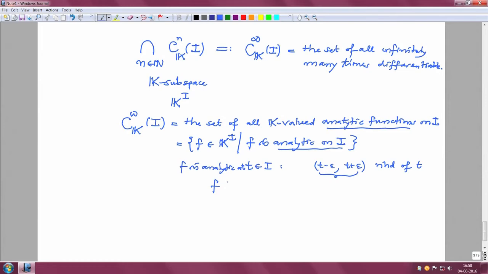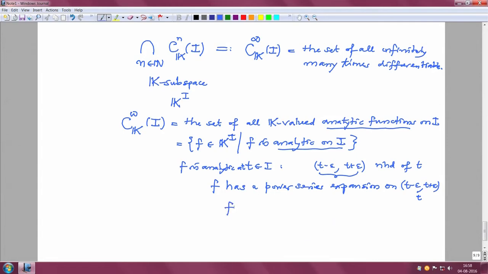F has a power series expansion on this small interval t minus epsilon to t plus epsilon, where t is a point there.